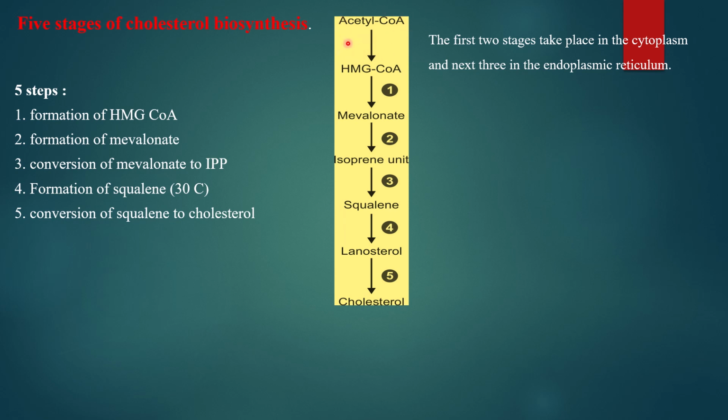Acetyl coenzyme A converts into HMG coenzyme A, and from HMG coenzyme A to mevalonate, mevalonate to the isoprene unit, that is isopentenyl pyrophosphate. Then squalene is formed, then lanosterol, and finally cholesterol. In between, so many steps are there, we will see later on.